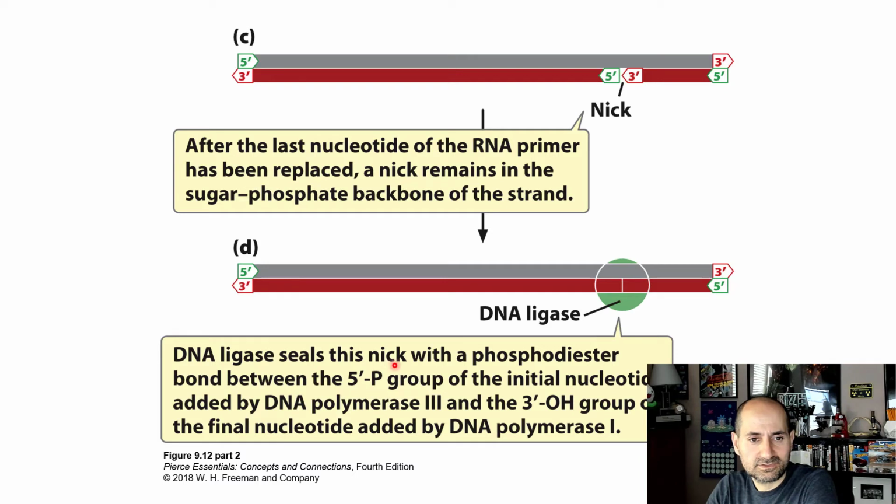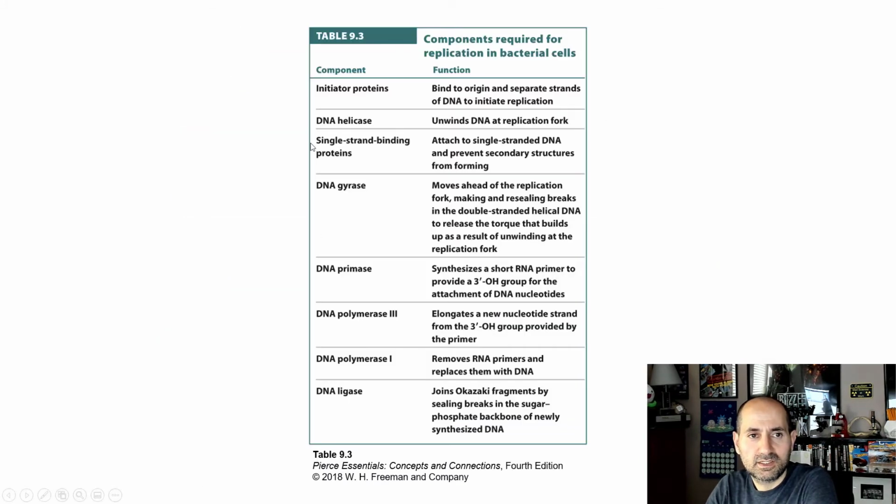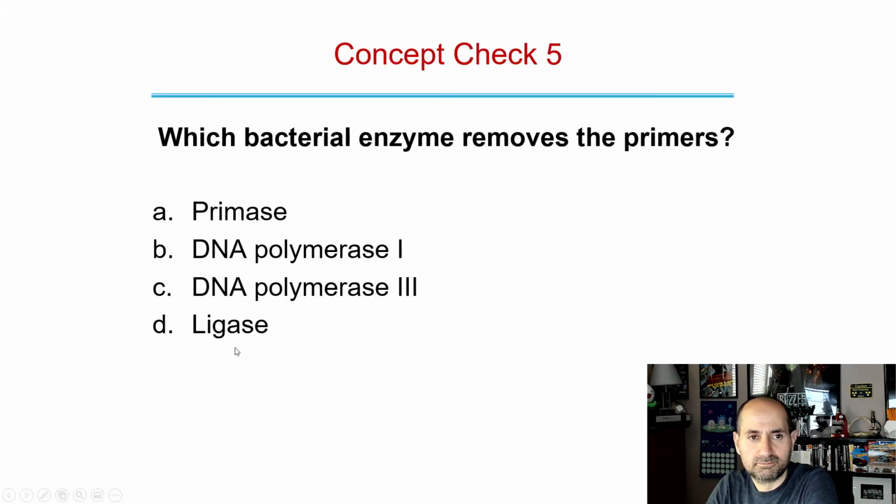DNA ligase seals the nick with a phosphodiester bond between the 5' phosphate group of the initial nucleotide added by DNA polymerase III and the 3' hydroxyl group of the final nucleotide added by DNA polymerase I. Again, all of the players I just mentioned are listed here on table 9.3. Please brush up on that for your understanding and for the exam.